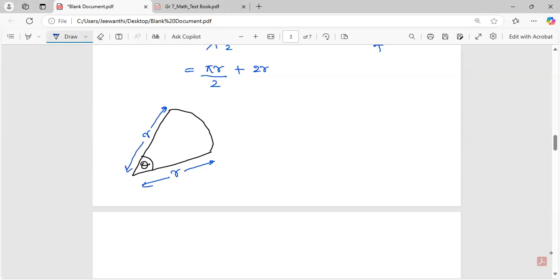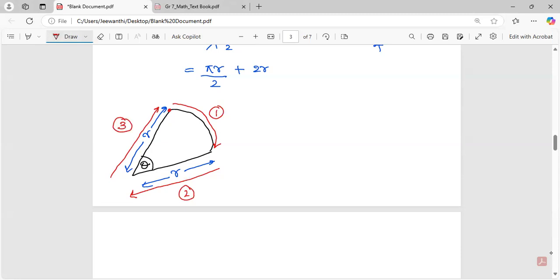I start from one particular corner and first move along this path. Then I will draw it nicely. First I move like this, and then I go like this. First try to understand the concept. So this is the first step, this is the second step, and this is the third step.